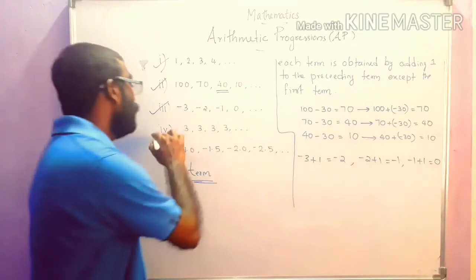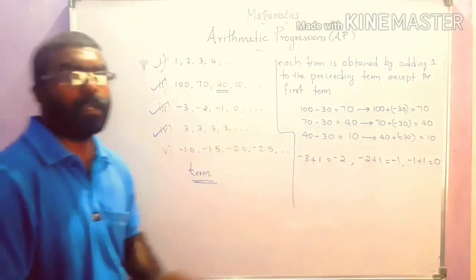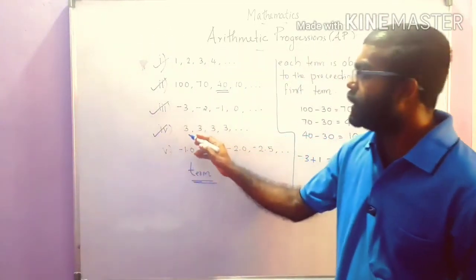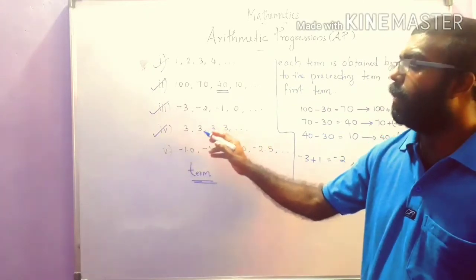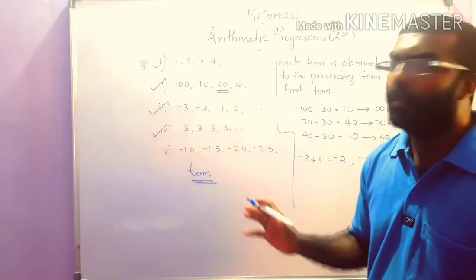And the fourth one: 3, 3, 3, 3, etc. What do you observe? Here each and every term is 3. That means all the terms are alike, same or fixed.